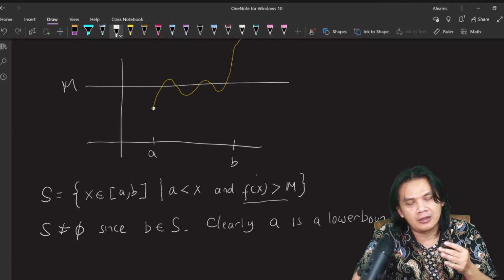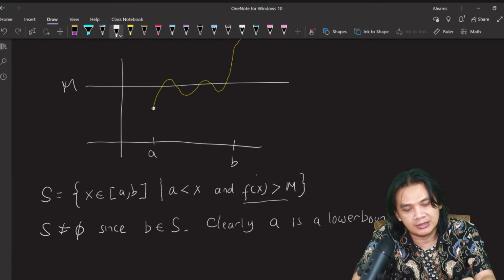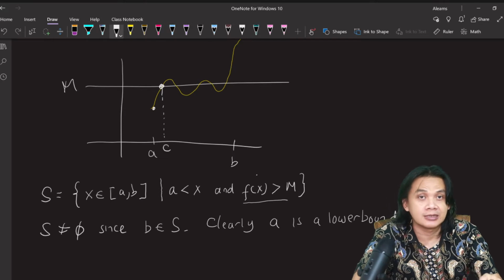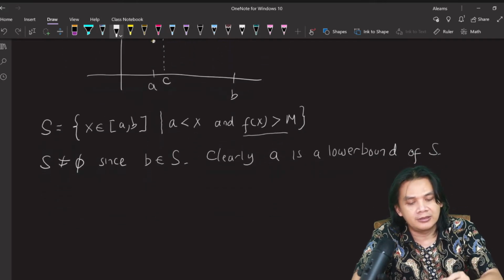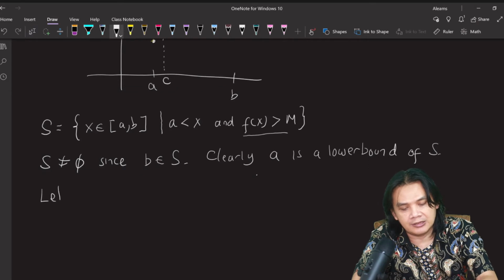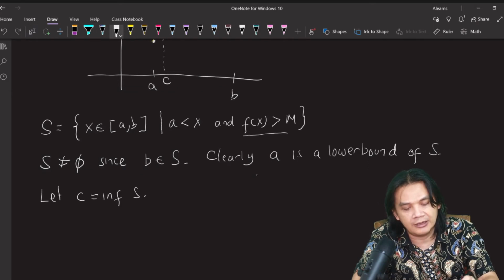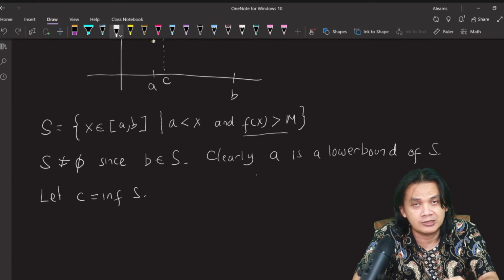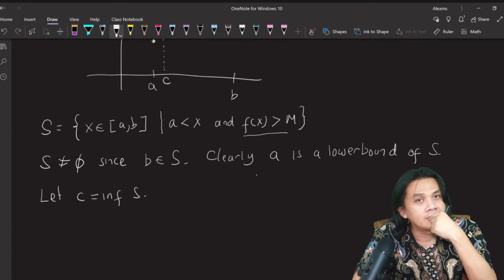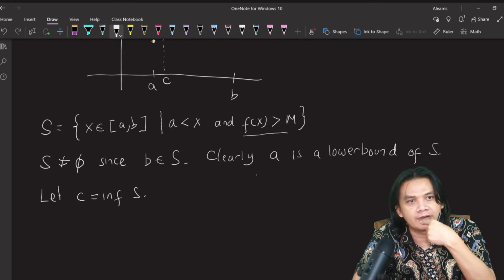So the intuition says that if we take the infimum, then we will get that point, and we will declare it as our c. So let c be the infimum of S. The existence of the infimum is guaranteed by the supremum and infimum axioms of the real numbers.